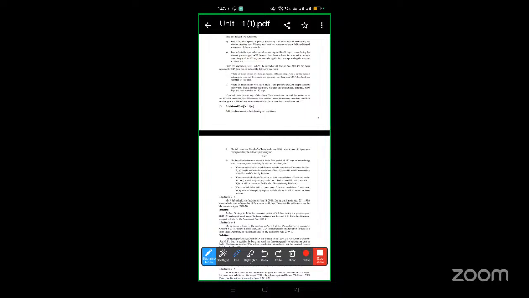Then they will be called as resident but not ordinary resident.